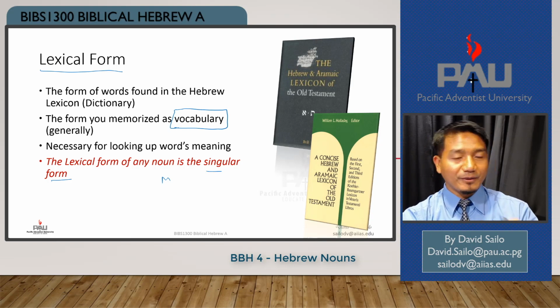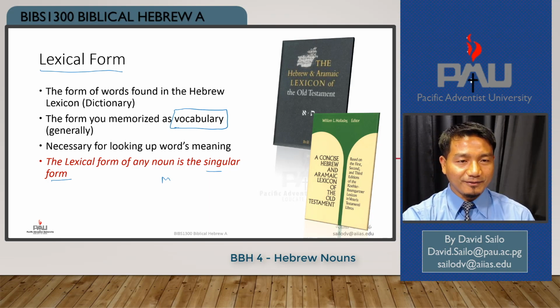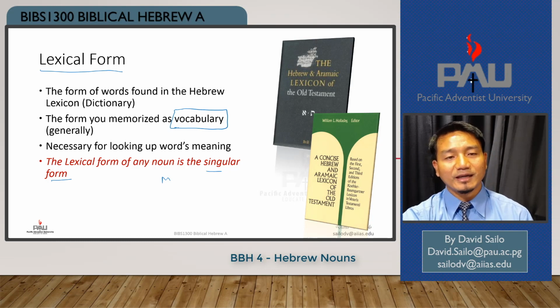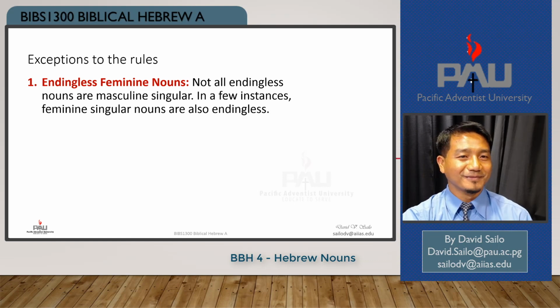Now, we talk about a very, very general law, but there are going to be some feminine words, or even masculine nouns, that will not follow this pattern. Let's look at this one. Endingless feminine nouns. Not all endingless nouns are masculine singular. In a few instances, feminine singular nouns are also endingless.